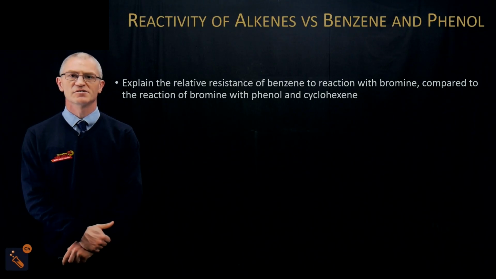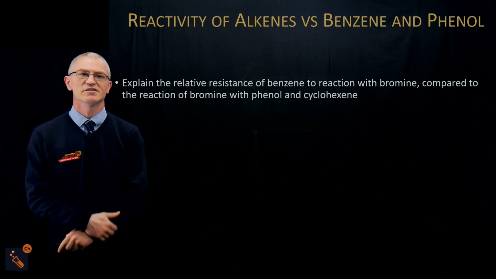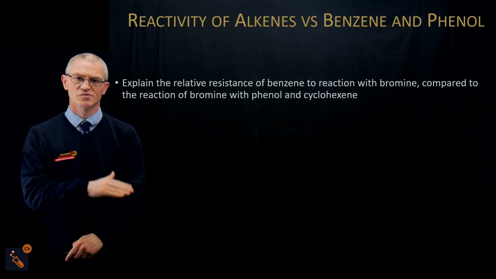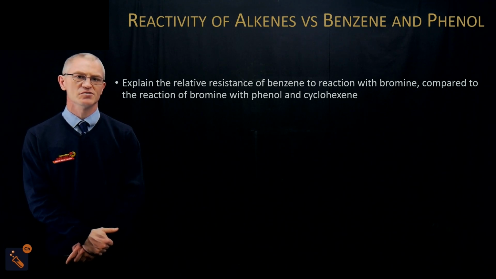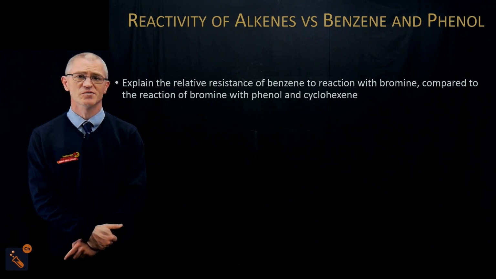So I've talked about the difference in reactivity between alkenes, benzene and phenol, and I've put that in a table with some simple lines that you have to follow. But I thought it would be useful to put it in the structure of a question. So here is a question. Explain the relative resistance of benzene to reaction with bromine compared to the reaction of bromine with phenol and cyclohexene.